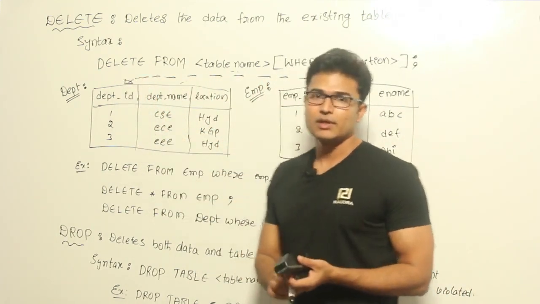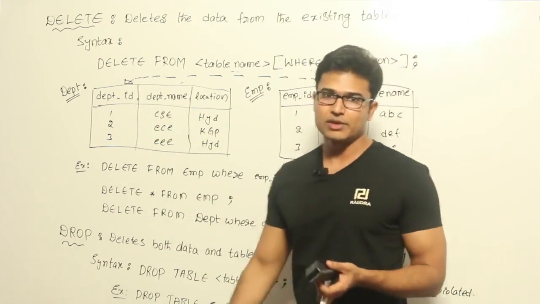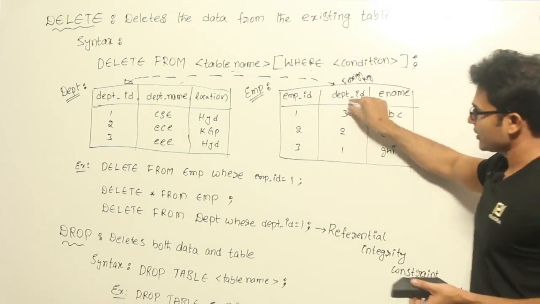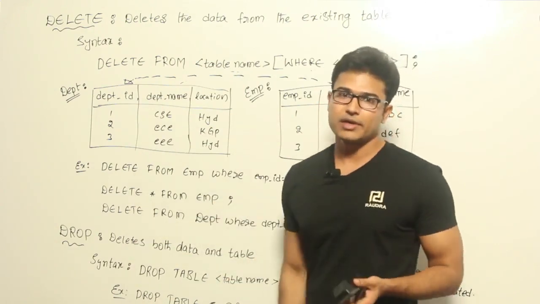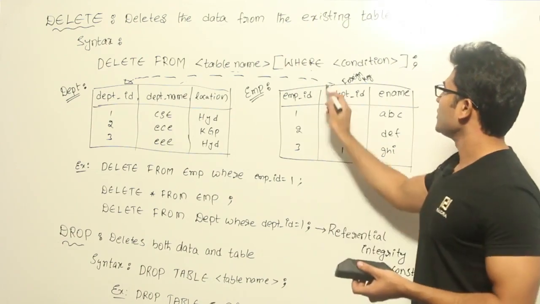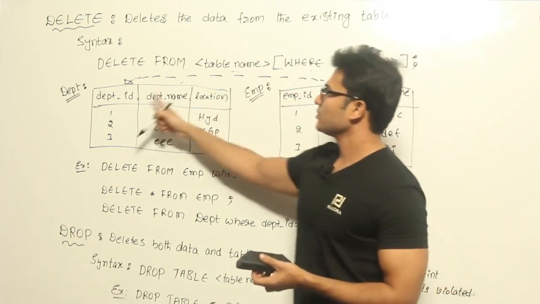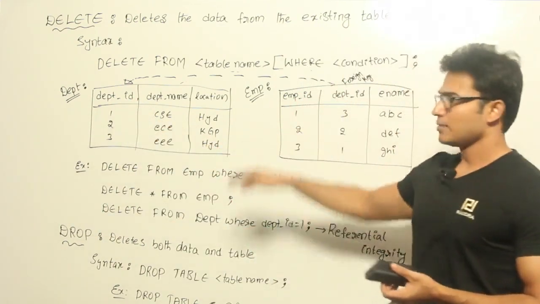So this one is referring to this one. What is the meaning of it? If you are going to have some department number here, you should be sure that the department is already present here, then only you can have it, otherwise you can't have it. That is the referential foreign key we are going to have. So department ID of employee is going to be a foreign key referring to the department ID of the department, right? And all the other things are the same as we discussed.